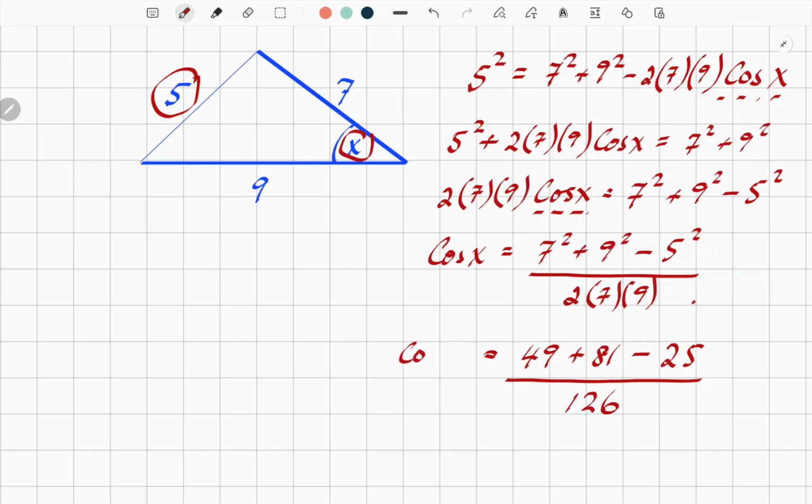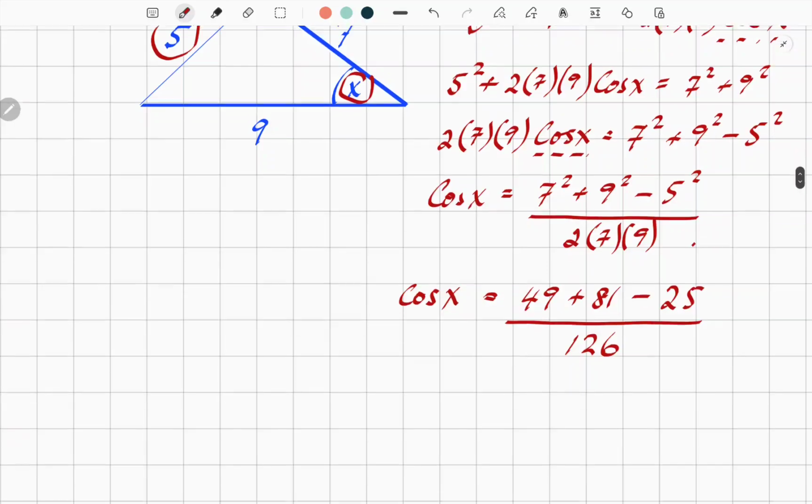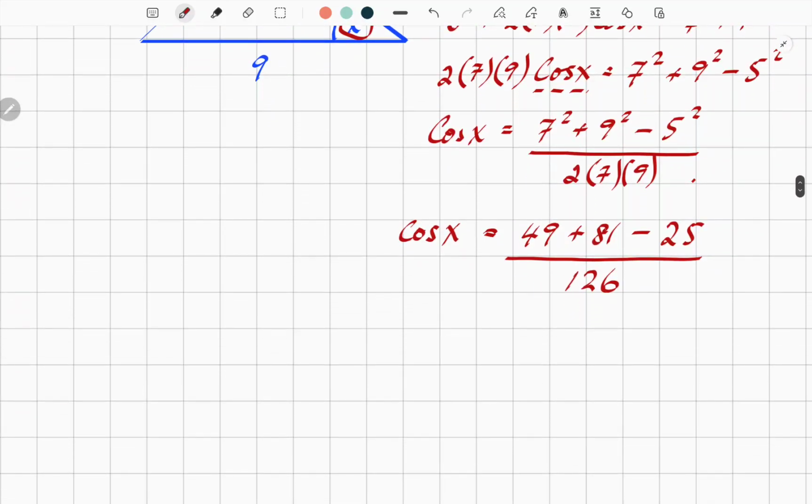That's your cos x. And that 105 divided by 126 actually comes out to be 5/6.